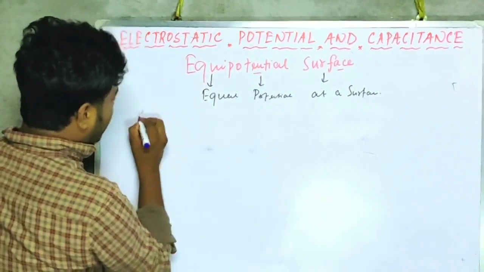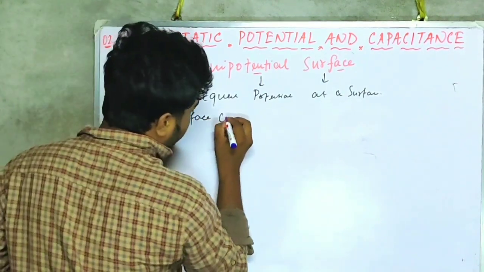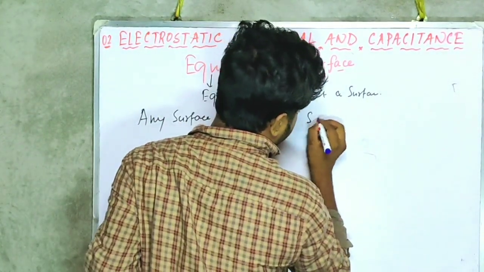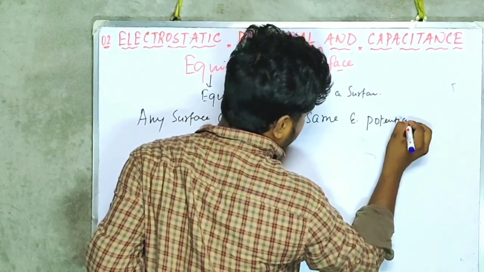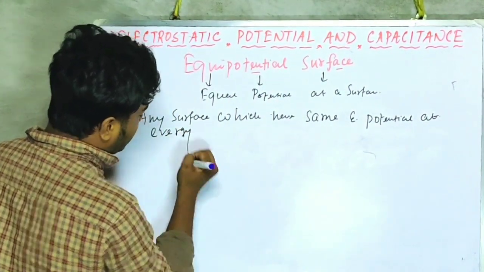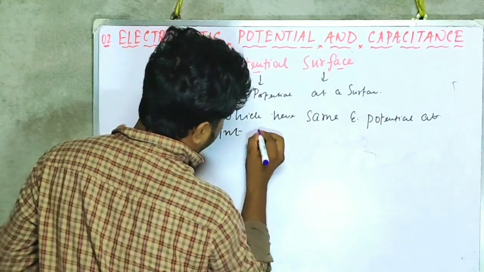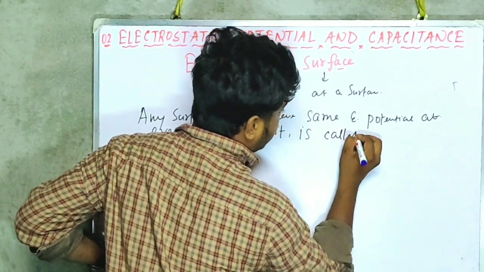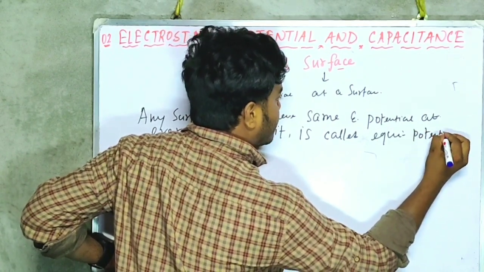That means any surface which has the same electric potential at every point on it is called an equipotential surface.